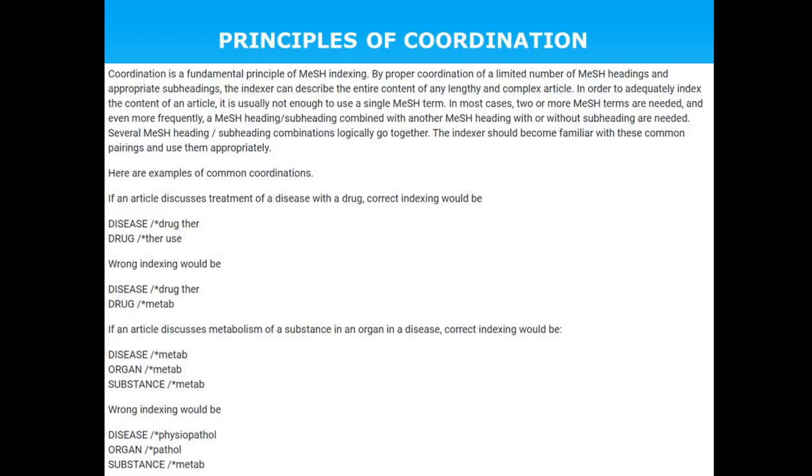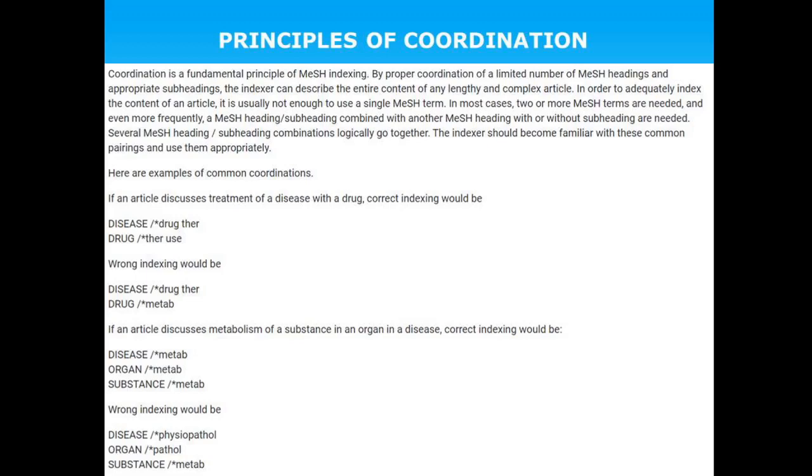Here are some examples of common coordination. If the article discusses treatment of a disease with a drug, so treatment is discussed and a drug is discussed. We can take corona as an example. Corona is a disease; treatment is some injection, a vaccine, or some drug.